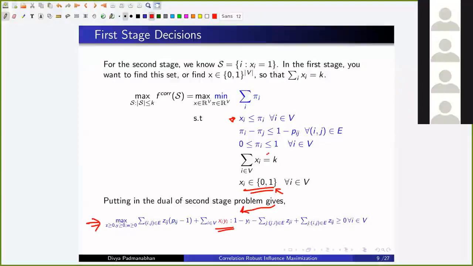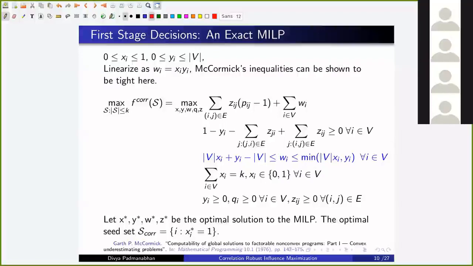Okay, so how do we go about this? For the quadratic terms, there's something we can do. We just do a linearization. Wherever x_i y_i terms come, you just replace them with another variable.